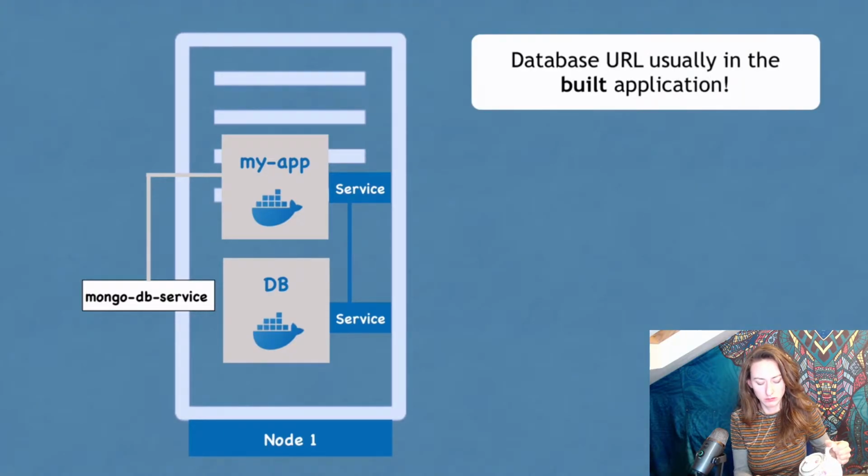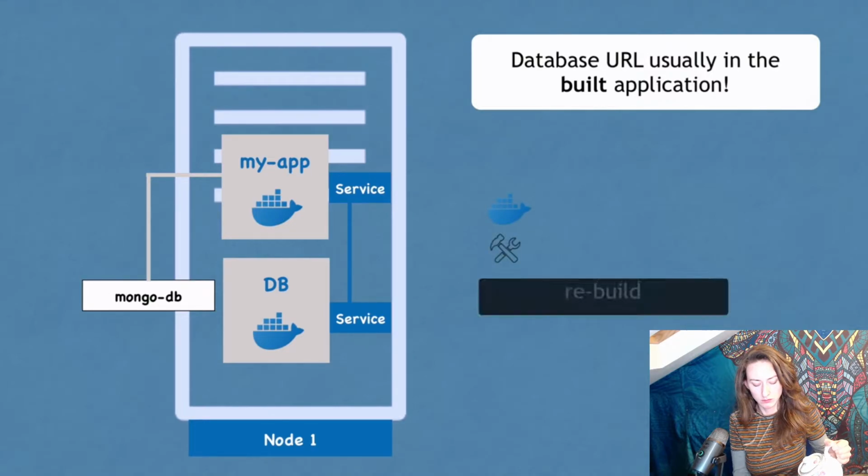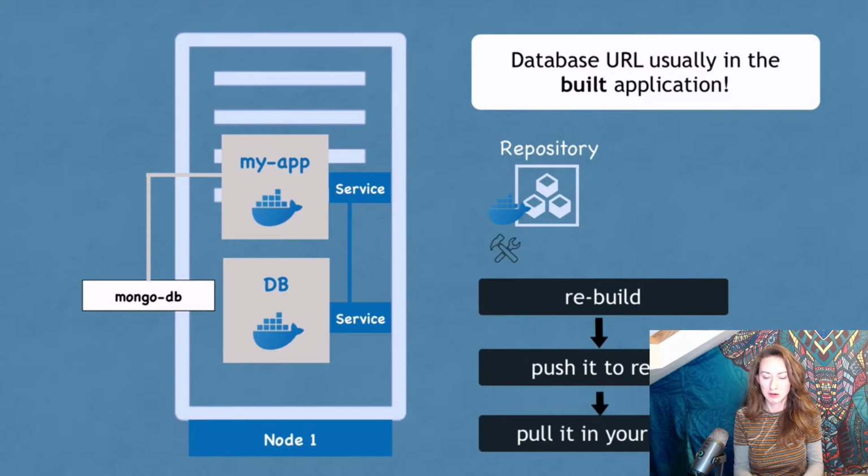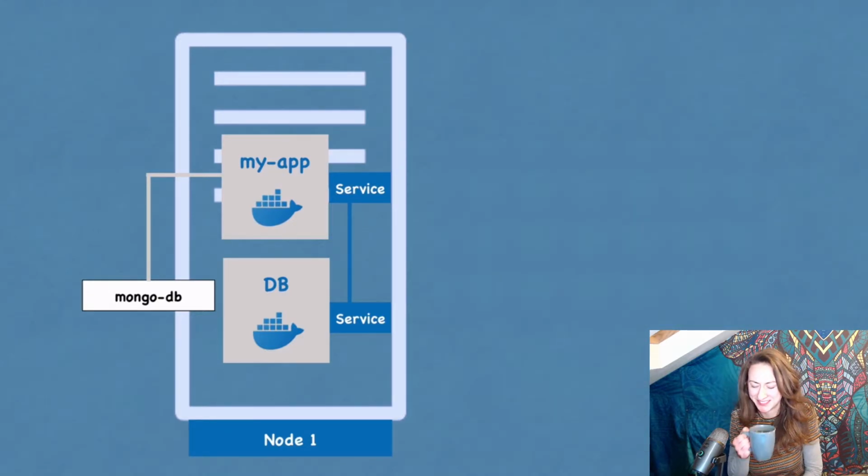So for example, if the endpoint of the service, or service name in this case, changed to MongoDB, you would have to adjust that URL in the application. So usually you'd have to rebuild the application with a new version and push it to the repository, and now you'll have to pull that new image in your pod and restart the whole thing. So a little bit tedious for a small change like database URL.